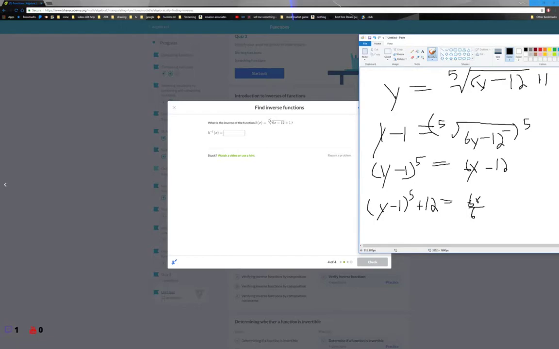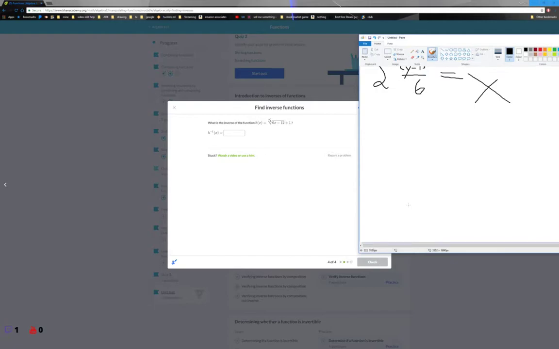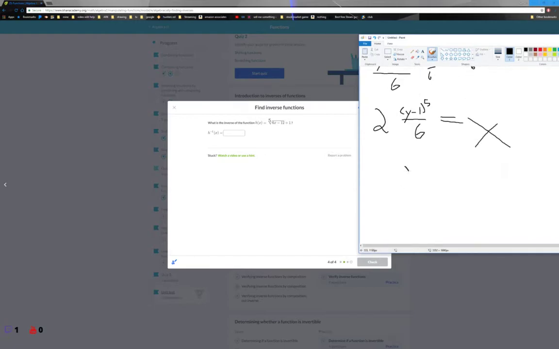We're going to divide by 6 here, and that's going to be 2 plus y minus 1 to the 5th over 6. And we can work out this y minus 1 to the 5th: y to the 5th minus 1.